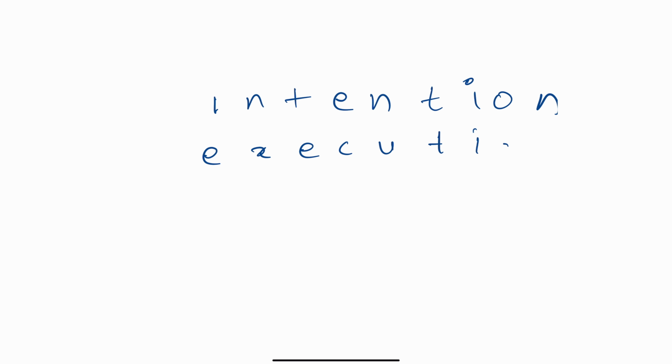Intention. The first text was intention, and the second was execution. What all the operations we can perform is, first thing, we are going to replace. This is replace, which is one operation.